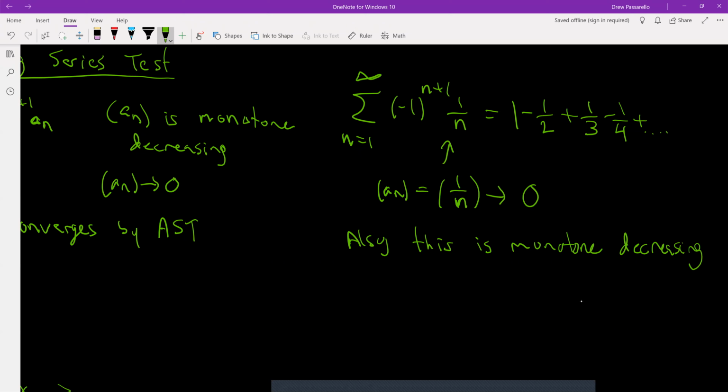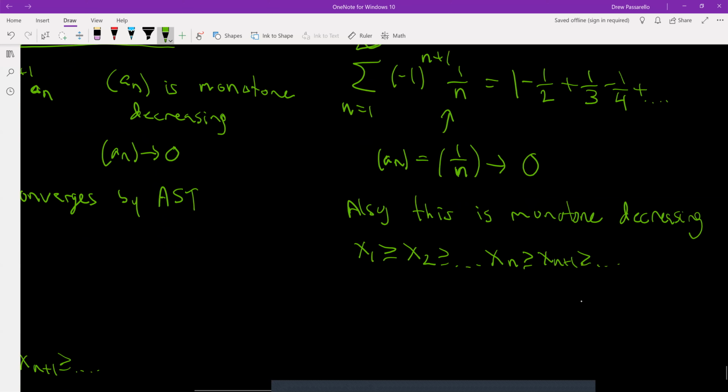Monotone decreasing has the terms x_1 greater than or equal to x_2, greater than or equal to x_3, and so forth. So you have x_n greater than or equal to x_(n+1). That's monotone decreasing.